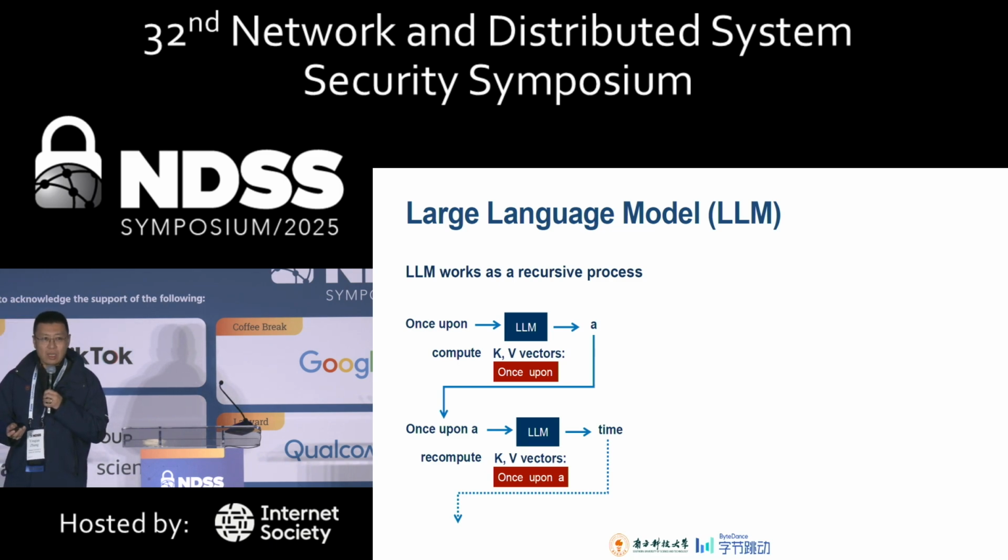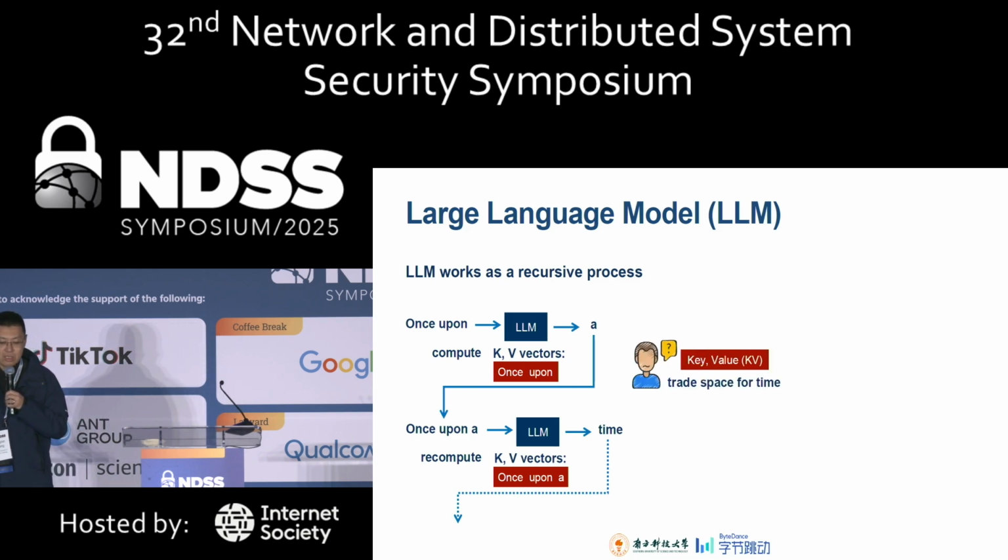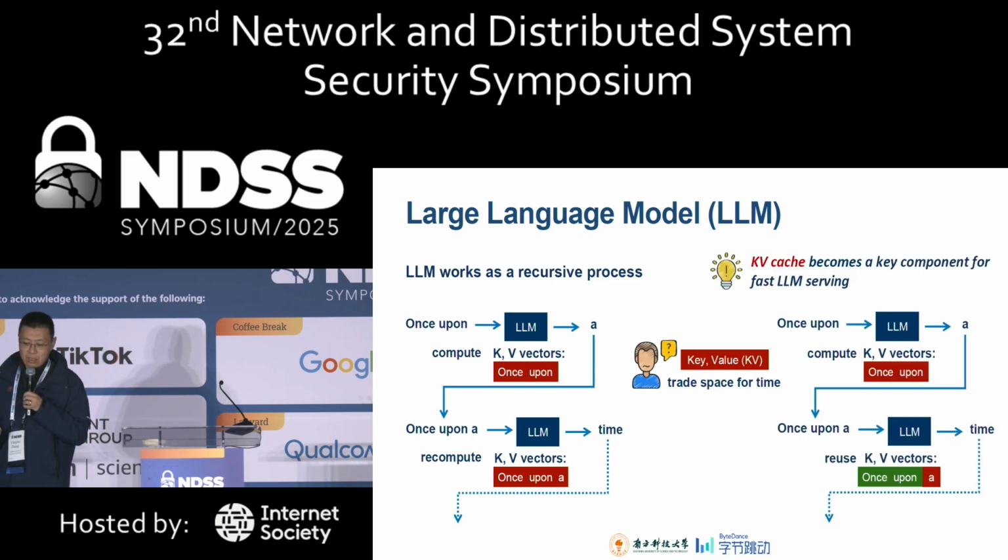This part can be very time consuming, and many LLM serving systems do this tradeoff of space for time optimization, which is adopted everywhere in system optimization mechanisms. The idea is to have a KV cache to store the KV vectors that have been used previously and reuse them in future iterations.